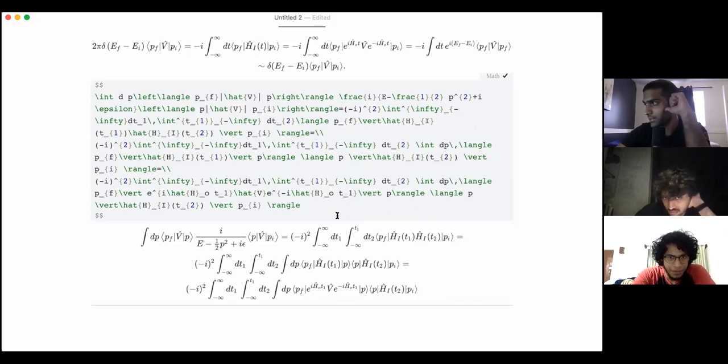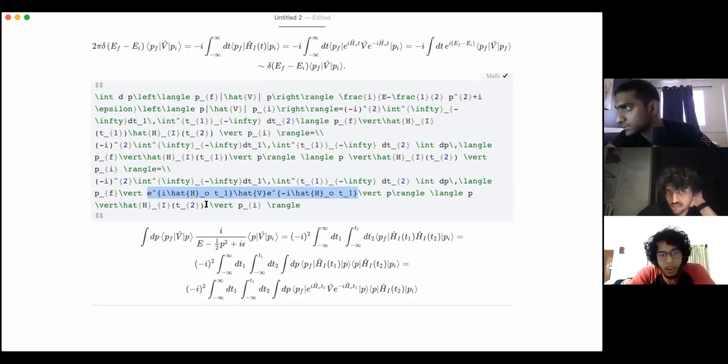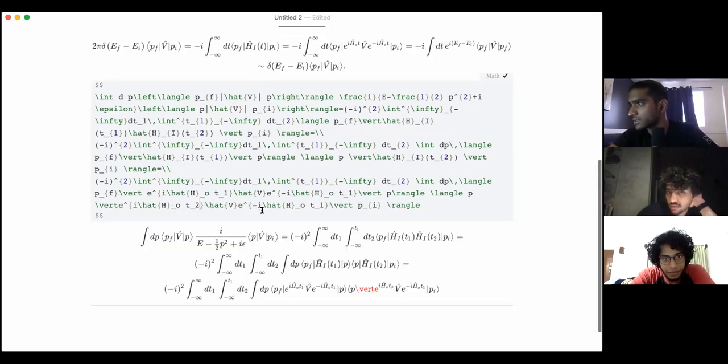We're happy with that? Yep. Now let's just copy this and replace some expressions with other expressions. Right, this is going to be t2, this is going to be t2.